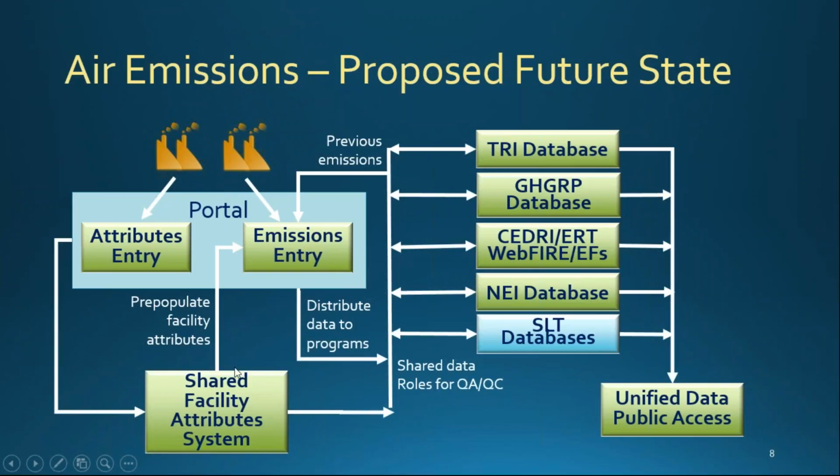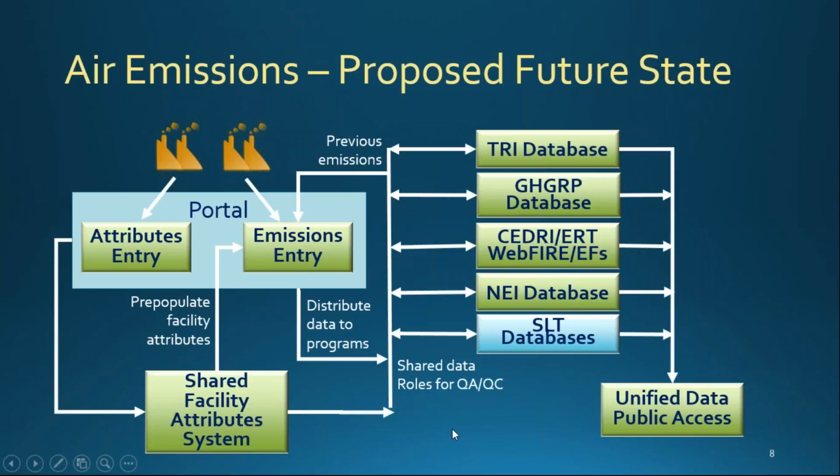But part of that process would allow us to create a shared facility attribute system that would feed into that portal and make sure that the data that are needed are accurately queued and asked for. Submissions could be made on both the attributes of the facility as well as the emissions inventory, which would then provide for the back and forth between those databases so that previous emissions are captured.